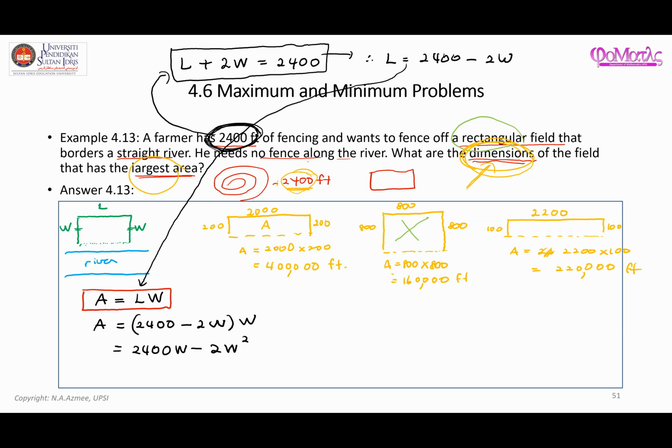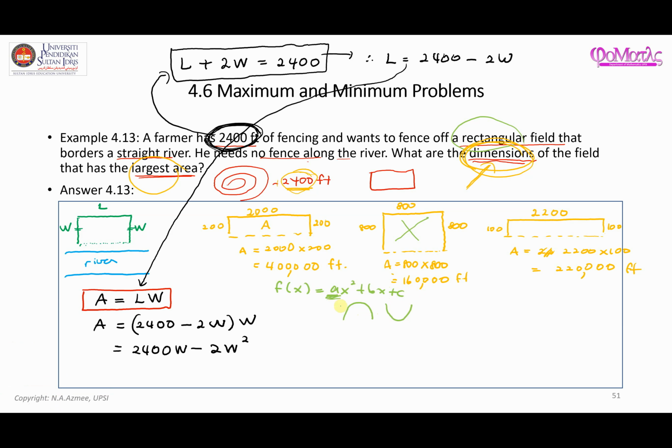Now I hope you understand that if you have a general quadratic function ax squared plus bx plus c, the graph is going to be either like this or like this, depending on the value of a.